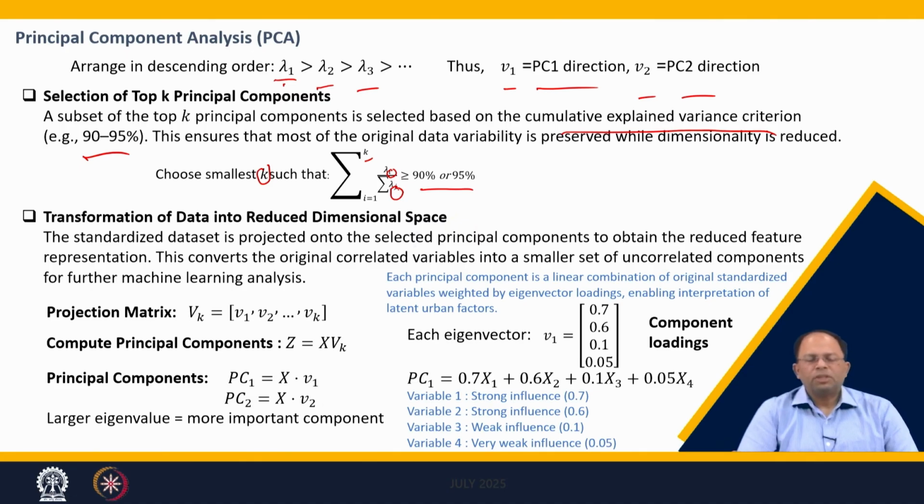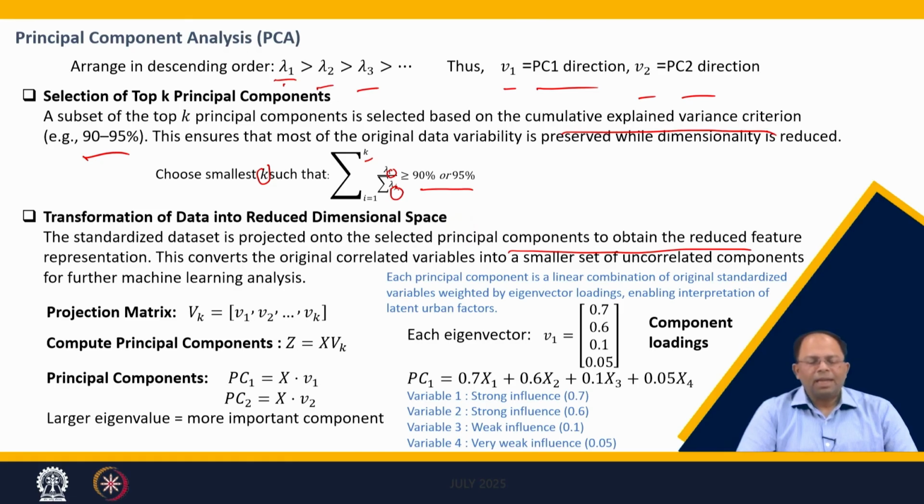Now the next job is, of course, that we have identified the principal directions, so we transform the data into this reduced dimensional space along these two principal components, right? So the standardized data set is projected onto the selected principal components to obtain the reduced feature representation.